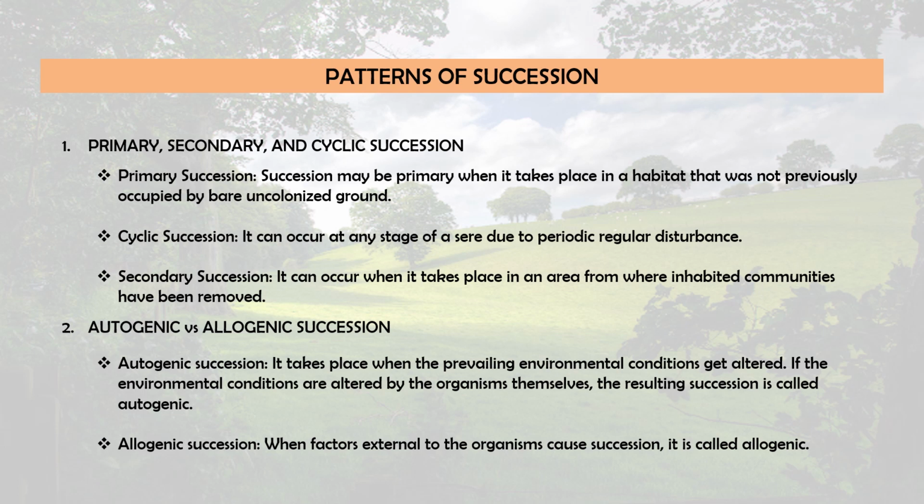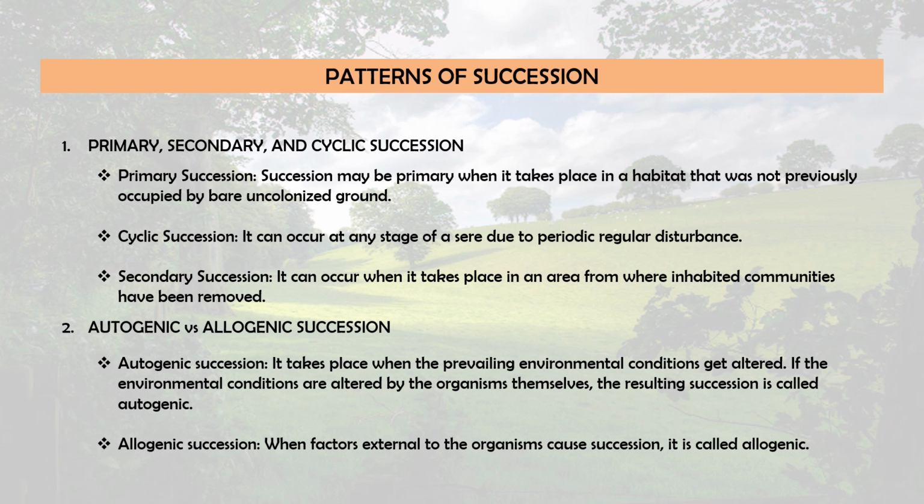And next process is inhibition, where the factors inhibit the establishment of new species in the given area. So factors can be facilitative for some species and can inhibit the growth of others. And next one is allogenic succession.